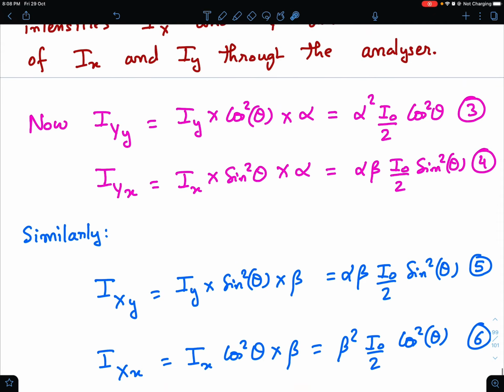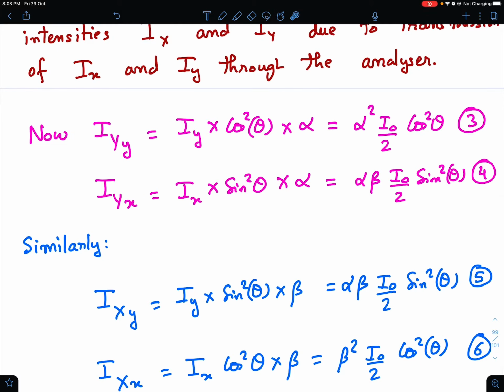Let me again paste the figure over here, a small figure. So what was Iy? Iy is this intensity, alpha I naught by 2, and when this gets transmitted through capital Y, this angle is theta.